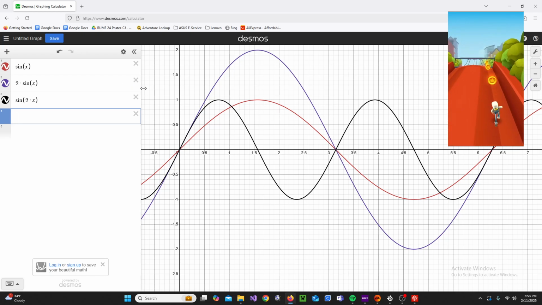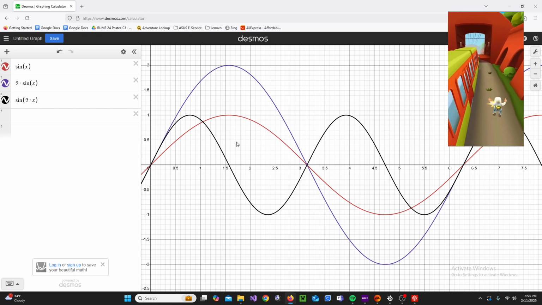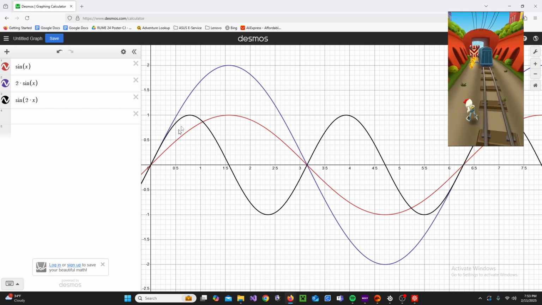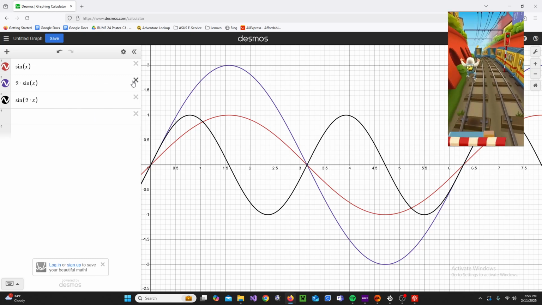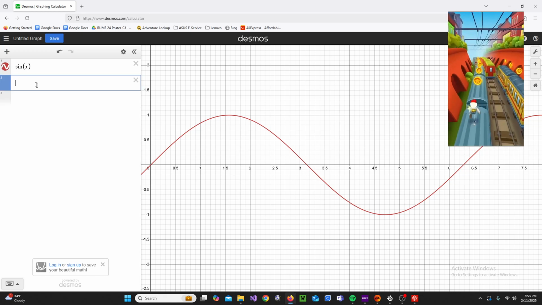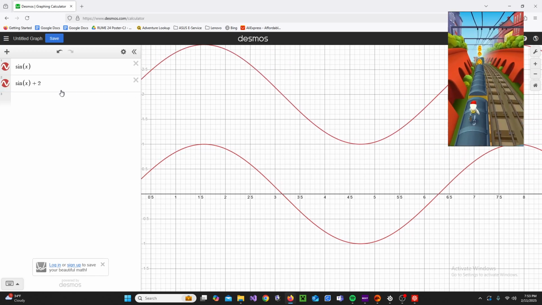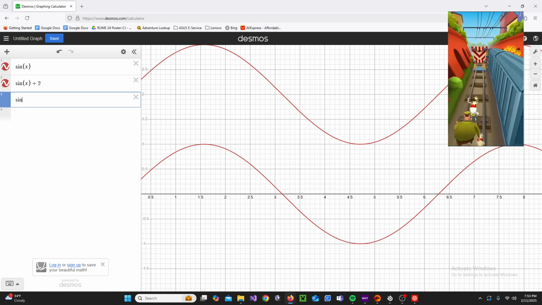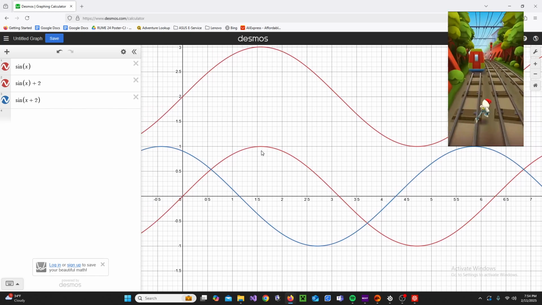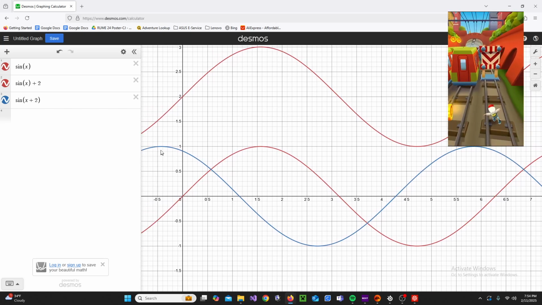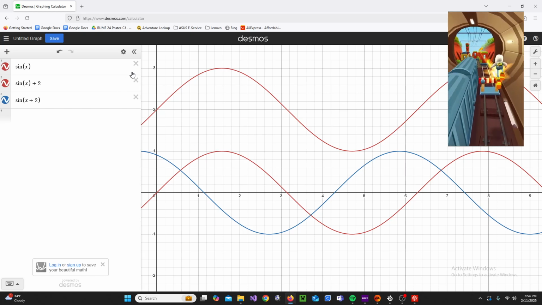So the operation that made it larger on the outside made it smaller when I did it on the inside. Vertically, we stretched by 2 units. Horizontally, we were compressed by 2 units. And compare that again to adding numbers on the outside. If I did sine plus 2 versus sine with plus 2 on the inside, this moved me 2 units to the left, whereas adding it on the outside moved us 2 units upwards.